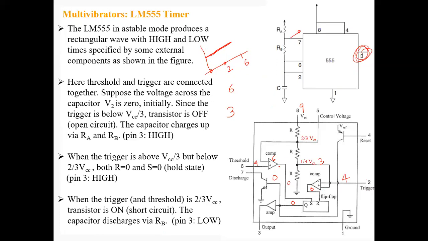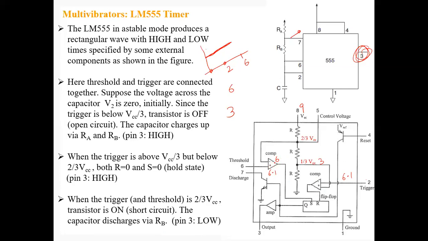Now when it is 6, what happens? When it is 6.1, let's say this is 6.1. So what happens? This is your 6, this is your 6.1. When I say 6.1 is slightly more than 6, that's what I meant.